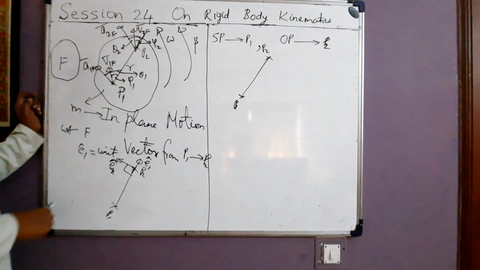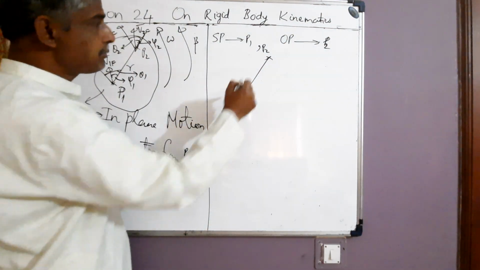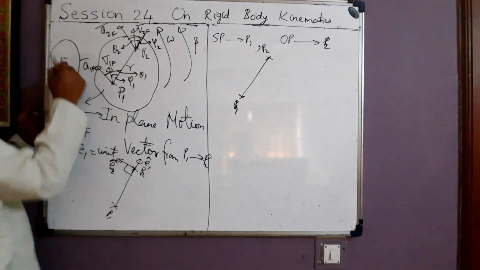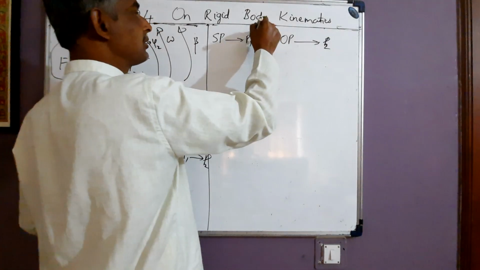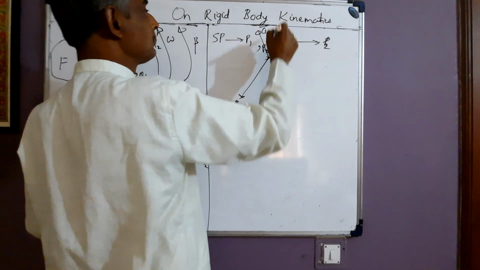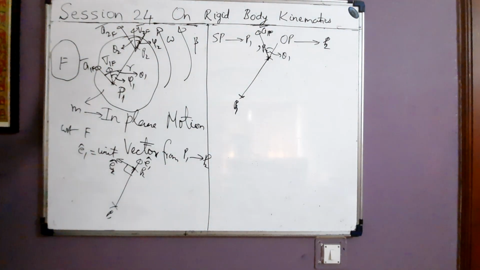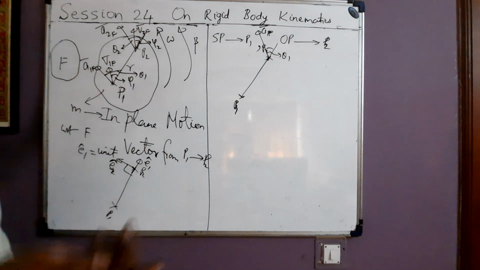Now the first action: I give the acceleration of selected point P1 to the other point P2. Acceleration of P1 with respect to F is A1F, so I give acceleration A1F to P2 at an angle of theta 1 with the line joining P1 P2. Next, the rotation term.